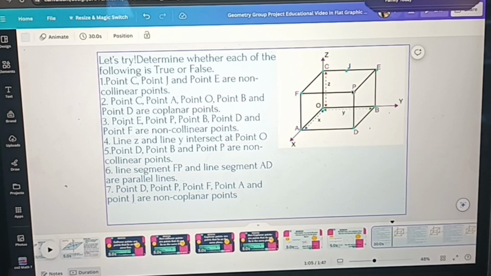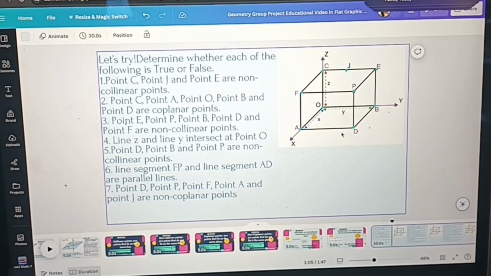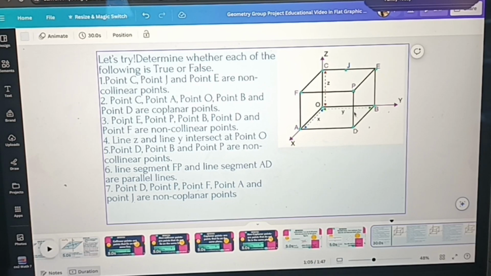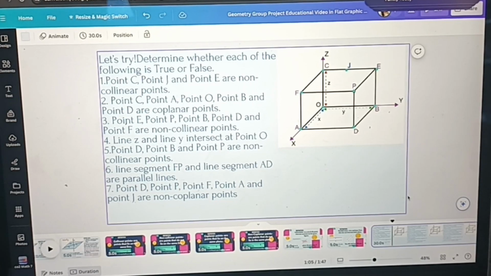Number 6, your line segment FP and your line segment AD are parallel lines. Number 7, your point D, your point P, your point F, your point A, and your point J are non-coplanar points.